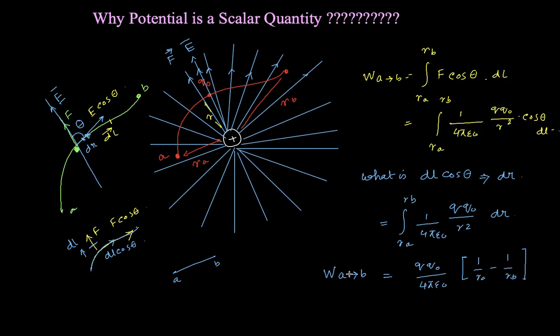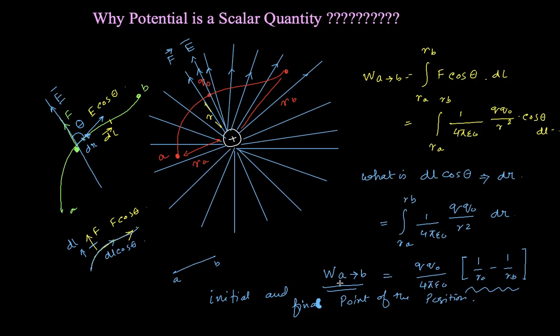That means the work done is path independent; it depends only upon the initial and final positions. That's why we can say that potential is a scalar quantity, and this is the exact explanation why electric potential is a scalar quantity.